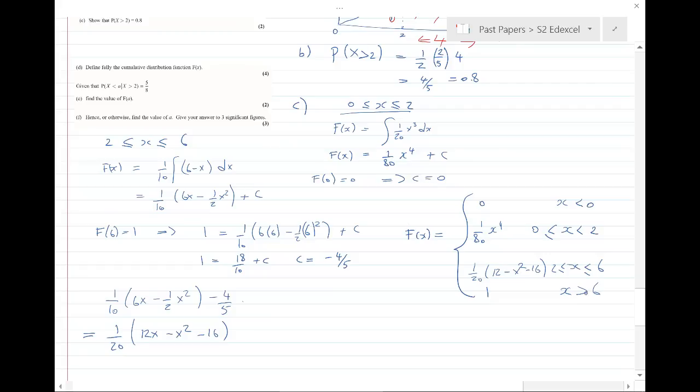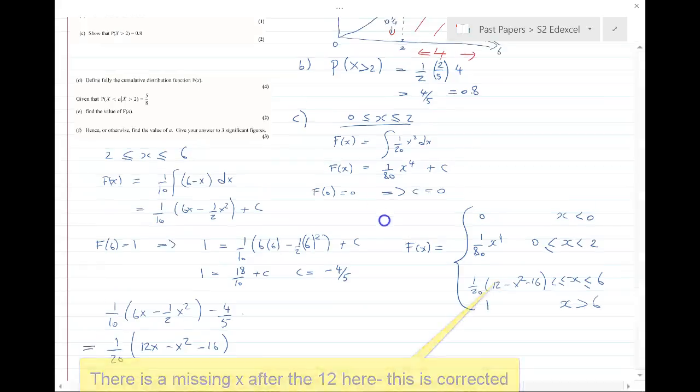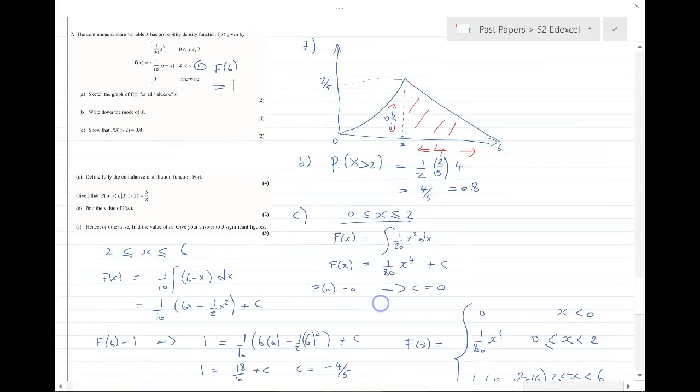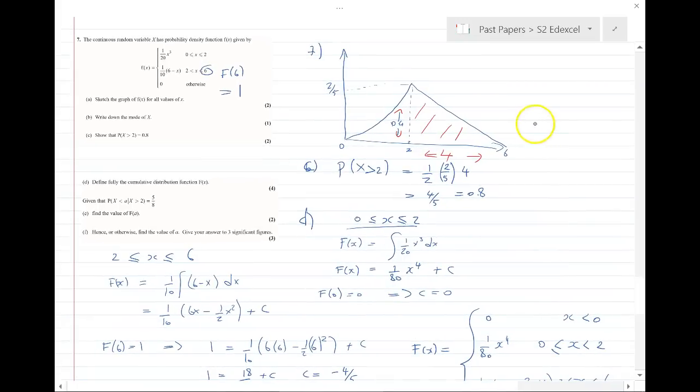Okay, so that's part C done, part D done, should I say? I think I've mislabeled these now. That's part D. Part C was this. Part D was that. And the mode seems to have disappeared, but mode equals 2.